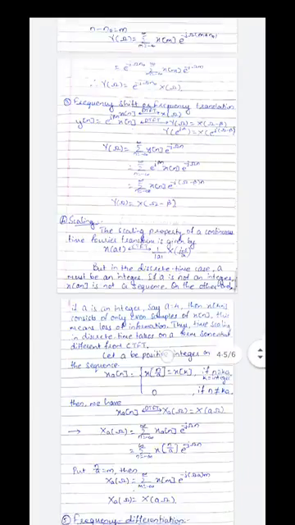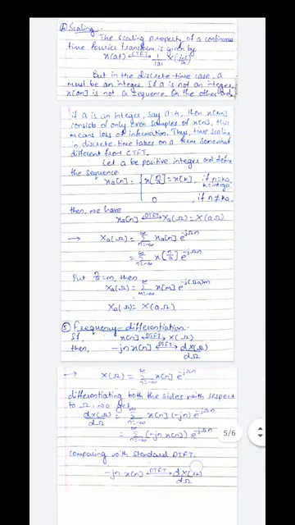The next property we'll be studying is scaling. Scaling here refers to time scaling.